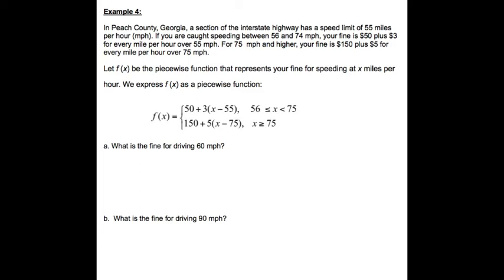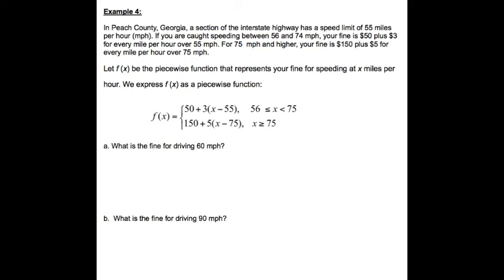For 75 miles per hour or higher, your fine is $150 plus $5 for every mile per hour over 75 miles per hour. We're going to define our function as f of x. So let f of x be the piecewise function that represents your fine for speeding at x miles per hour. And we're going to express f of x as the piecewise function shown below.